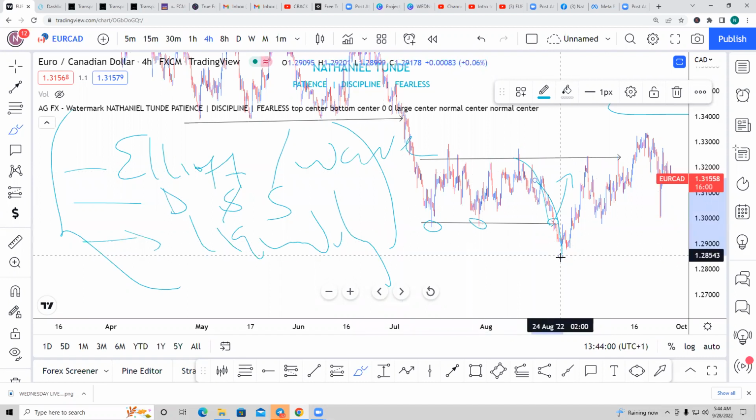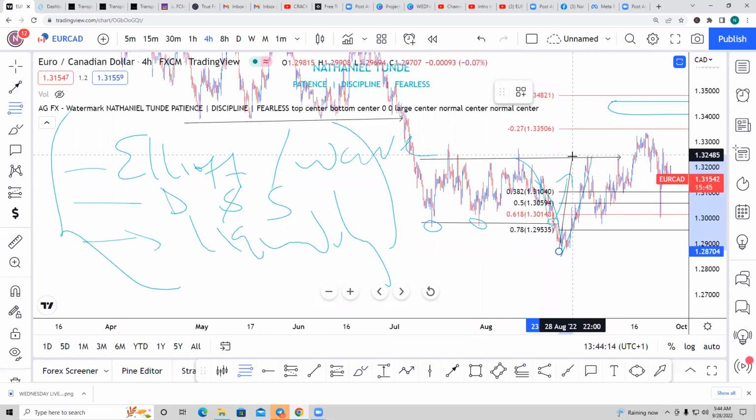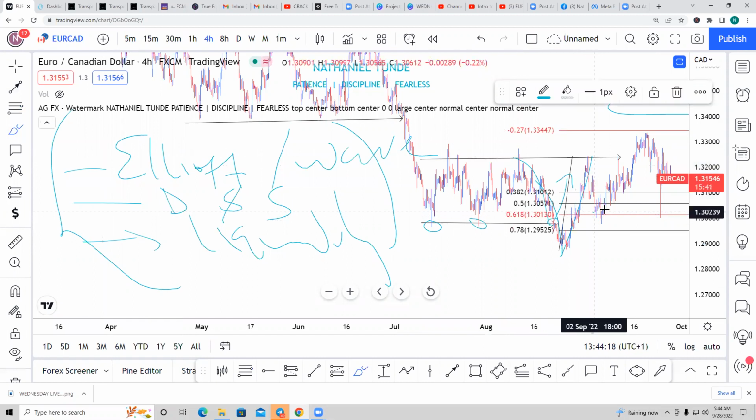And immediately it took them out, it made a move to the upside. This is what is called a liquidity grab. It has taken liquidity from the low here and has made a move to the upside. Anytime you see it like that, guys, a correction of this move to 50 to 61.8, preferably 61.8, that's your trade. Can you see? It made a higher high again.